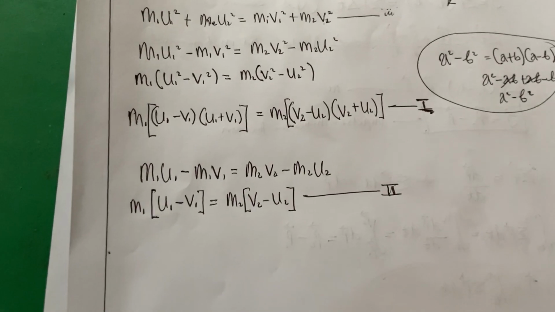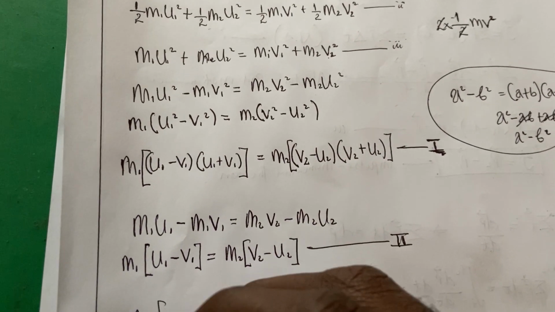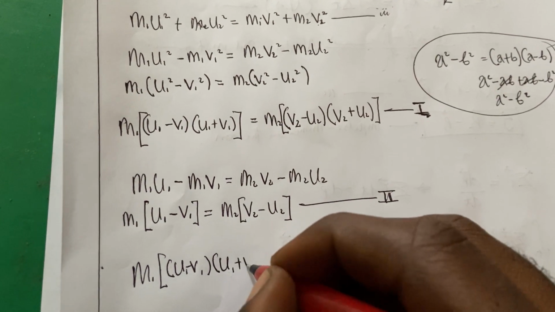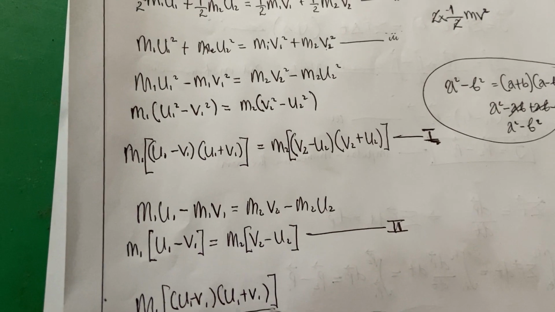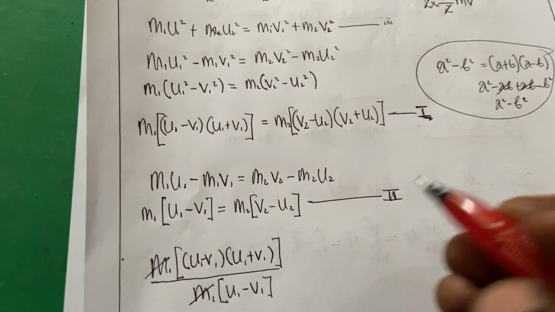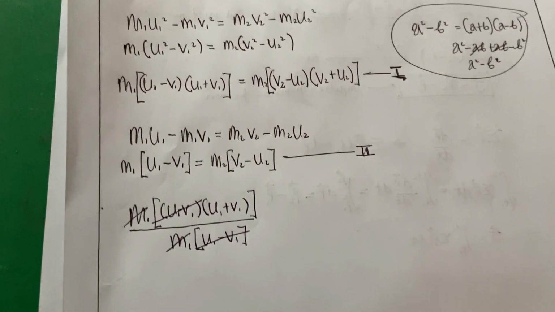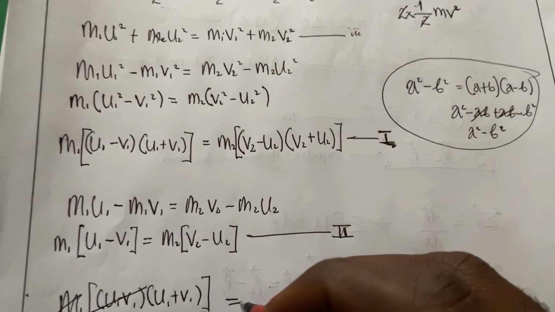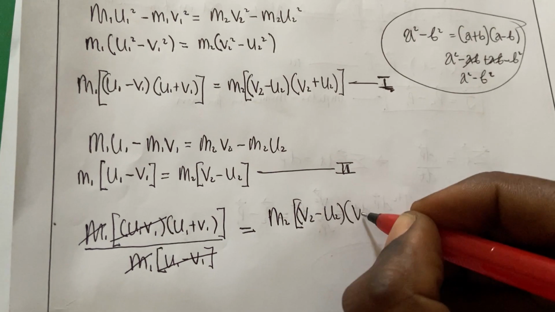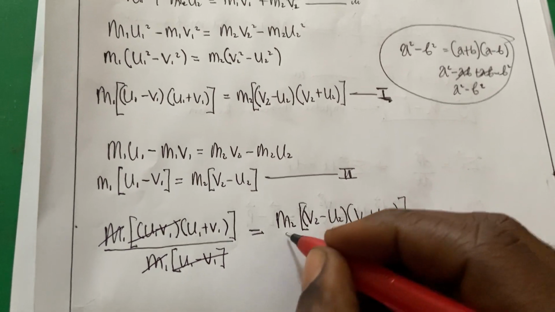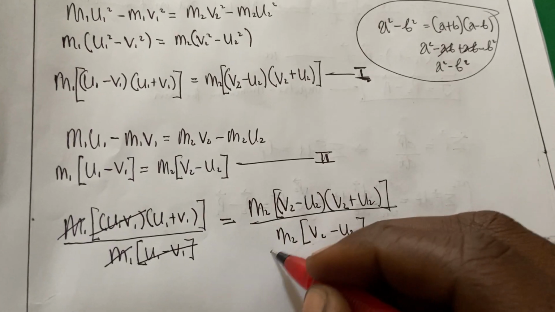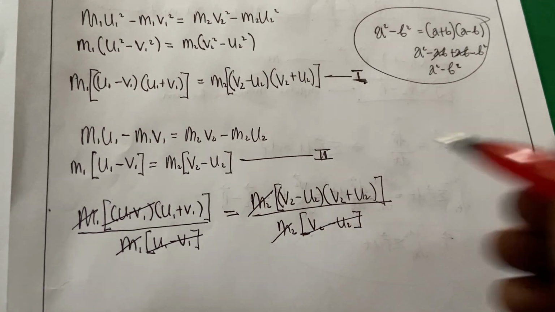Now when dividing, let's take the left hand side. I'm having m1 times u1 minus v1 times u1 plus v1, divided by m1 times u1 minus v1. We cancel m1, and we cancel u1 minus v1. I'm left with u1 plus v1. For the right hand side, I'm having m2 times v2 minus u2 times v2 plus u2, over m2 times v2 minus u2.